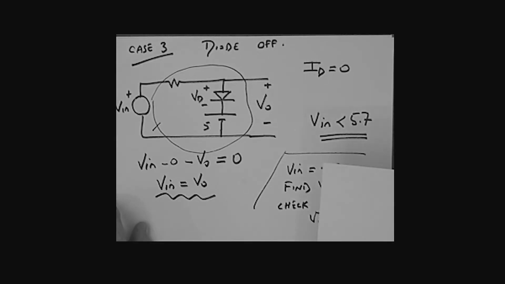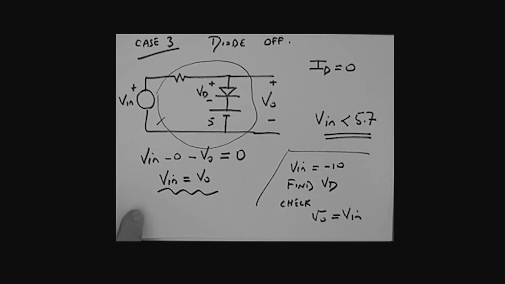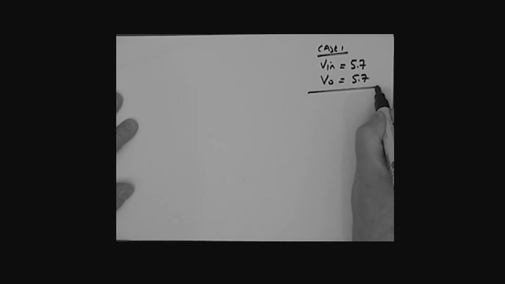All right, the final thing that we need to do here then is to really take that information and then look at basically that output waveform and maybe that input waveform. So what I'll do over here is I'll write down the cases and summarize. Case number 1, okay? We found onset of conduction, V in had to be brought to what? 5.7 volts. The output was 5.7 volts. That was our first case.